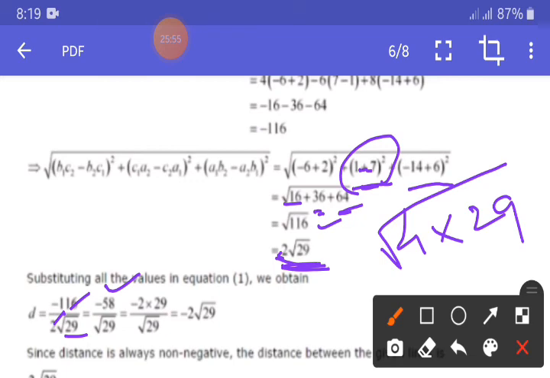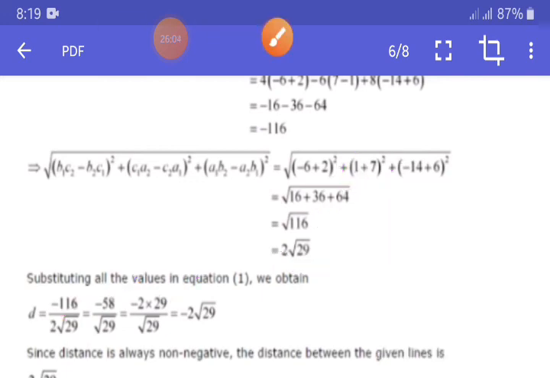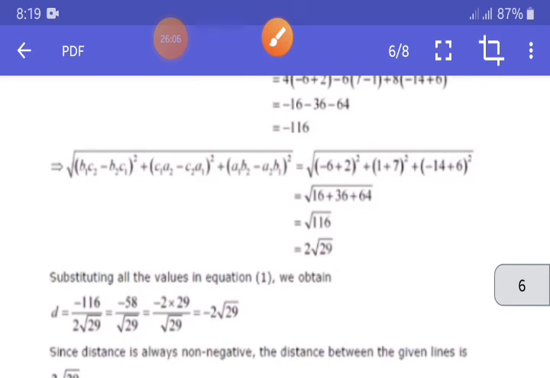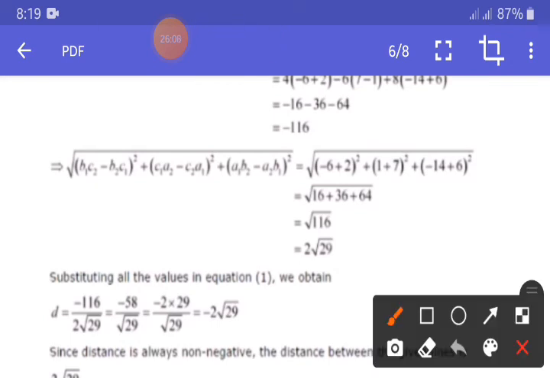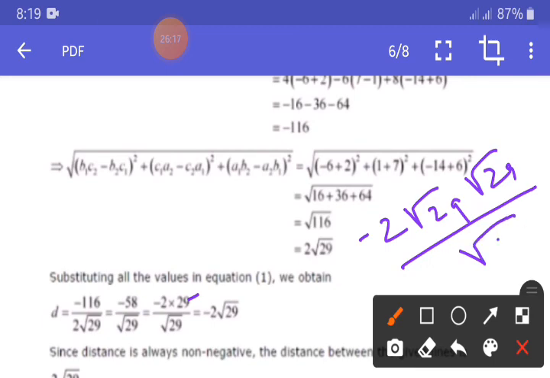We write 58 as 2 into 29, so minus 2 square root of 29 into square root of 29 divided by square root of 29.